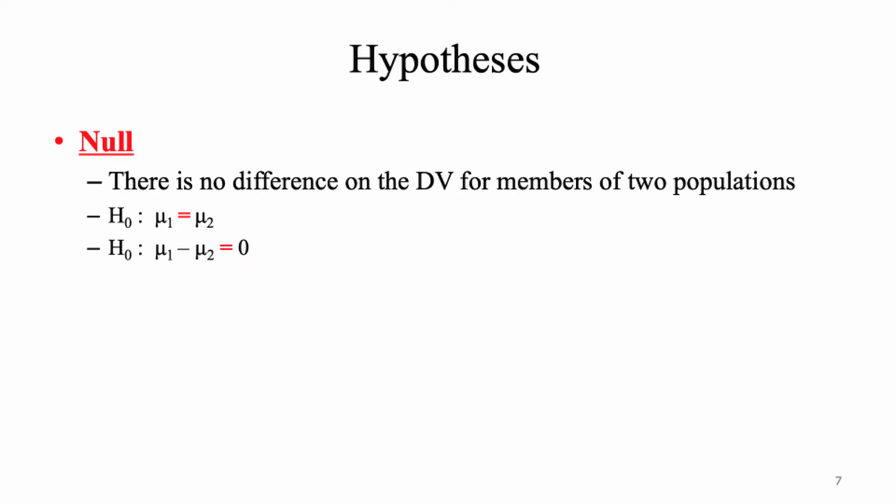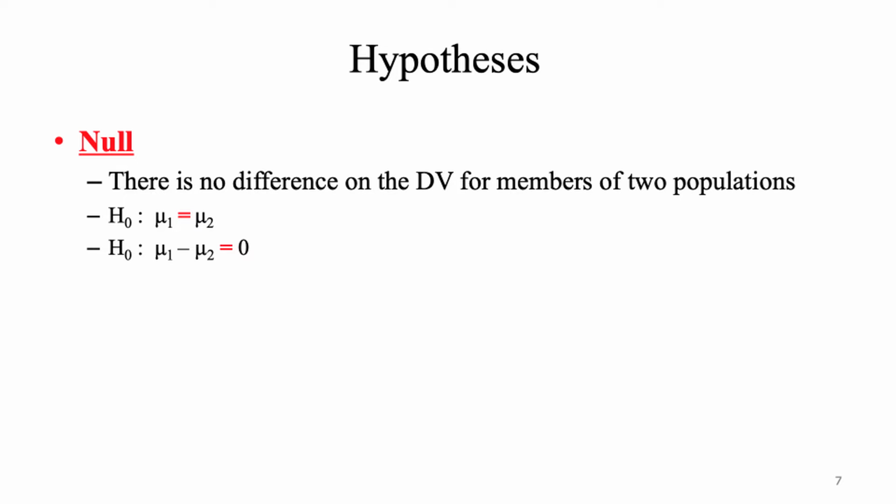So we have mu sub 1 is equal to mu sub 2. No difference. Similarly, you could write it as mu sub 1 minus mu sub 2 equals 0. Same thing. In order for 0 to be correct, mu sub 1 must be the same as mu sub 2. So this is the null hypothesis to which statistical tests are applied.